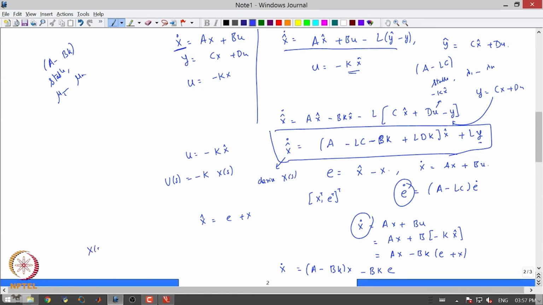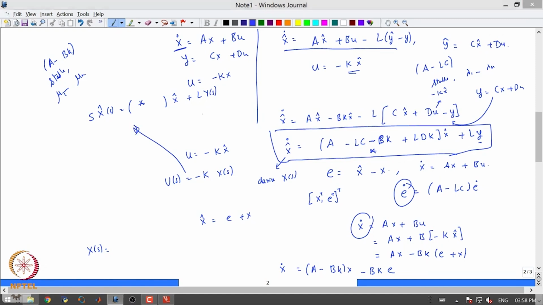What will x hat of s be? You can just take the Laplace of this. I will have s x hat of s is this entire matrix, let me call this A star, times x hat plus L y of s. Then I just plug in for u over here and get an expression relating y and u.